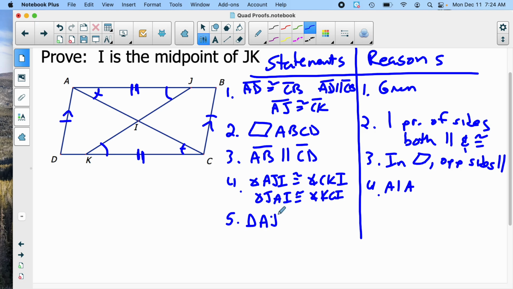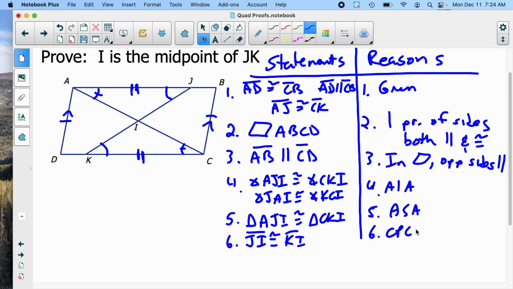So now my two triangles are congruent, and that's going to be true in this case by ASA. I got to prove that I is the midpoint of JK. So I want to prove that JI is congruent to KI by CPCTC. And then by the definition of midpoint, I is the midpoint of segment JK.